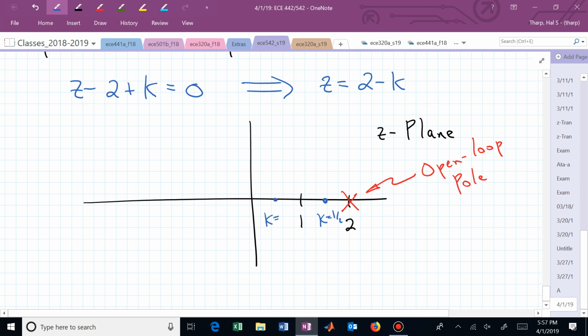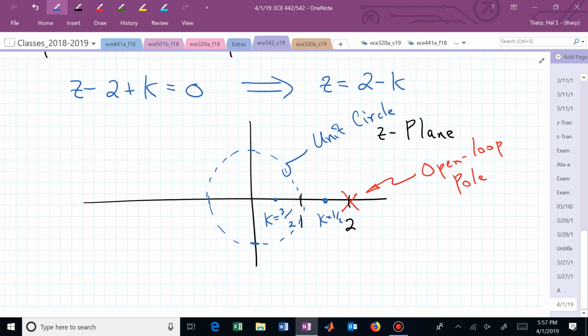So when k is equal to 3/2, I've now moved inside the unit circle, and if I could draw this, I might want to draw that unit circle just to give myself something to reference this choice of value k. As I adjust k, what's going to happen?